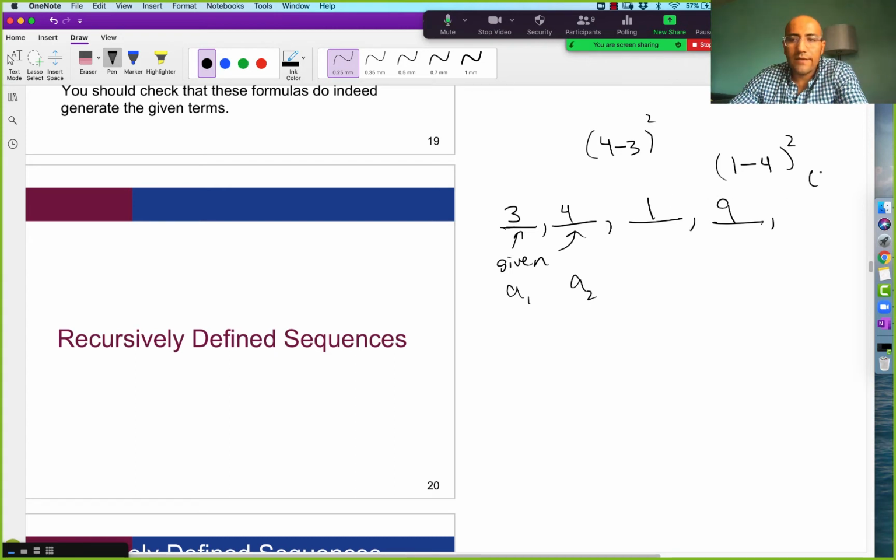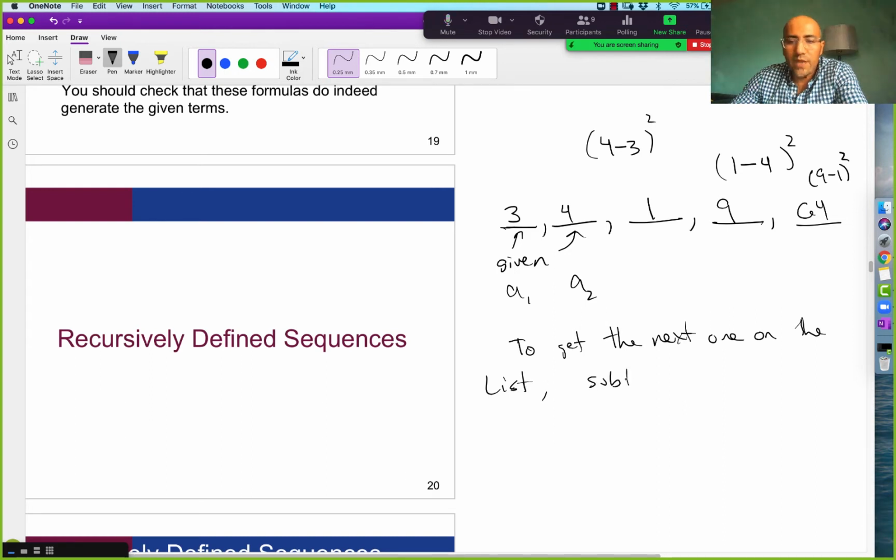The next one would be 9 minus 1 squared, which is 8 squared, that's 64. Good. So the rule is subtract the previous 2, right, to get the next one on the list.